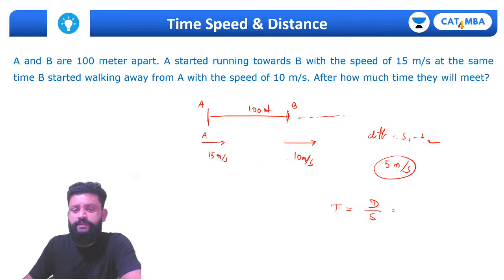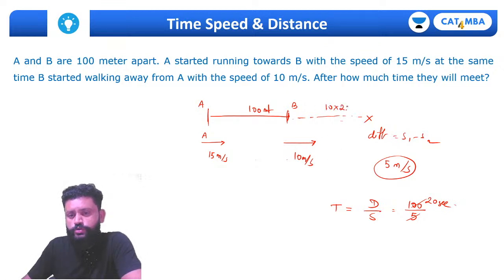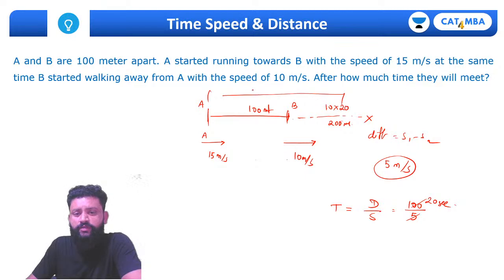So initial distance we need to take as 100 divided by 5, comes out to be 20 seconds. In 20 seconds B will cover 10 into 20, that is 200 meters. In the same time A can cover 15 into 20, that comes out to be 300, which is 100 meters extra compared to B.